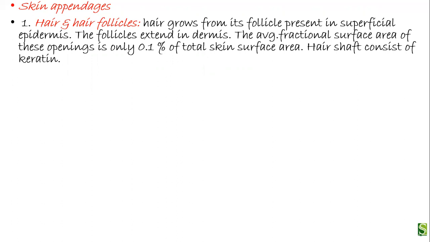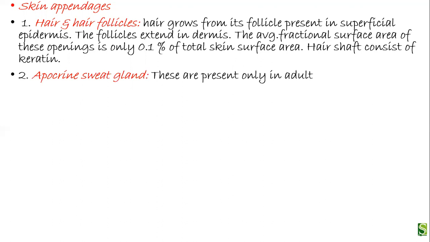The hair shaft comes out of the skin on the epidermis. The average fractional surface area of these openings is only 0.1% of the total skin surface area. The hair shaft consists mainly of keratin.